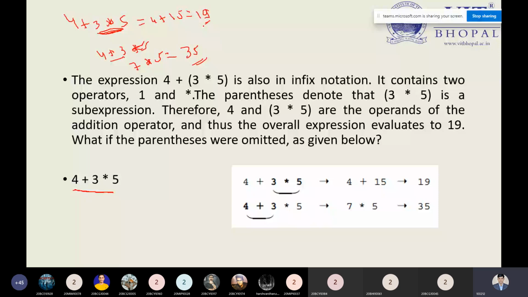In summary, I can explain it in a simple way. Plus and minus have a lower priority. Division and multiplication have a higher priority than addition and subtraction.